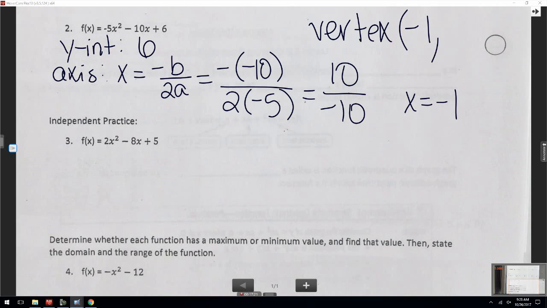Go to y equals. Plug in your function, negative 5x. It's easy to clear it out first. Negative 5x squared on your calculator.